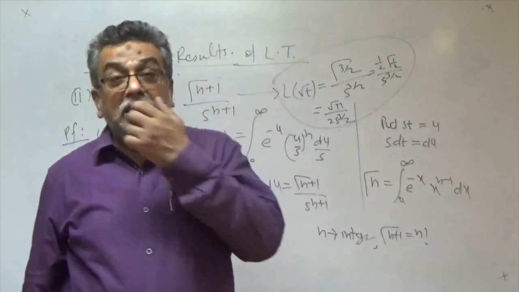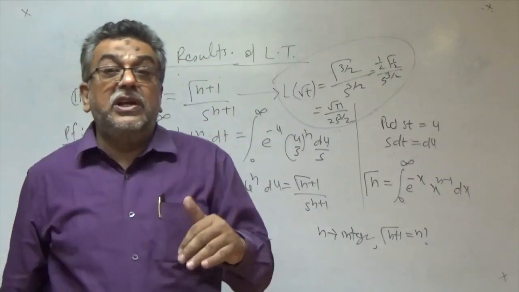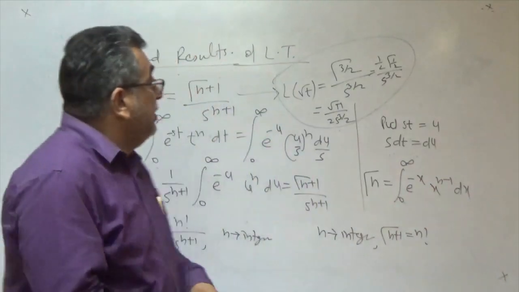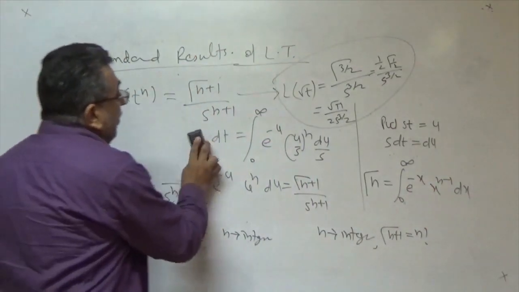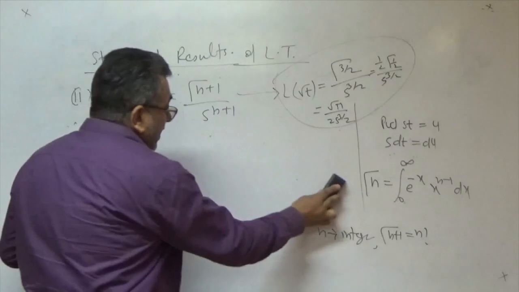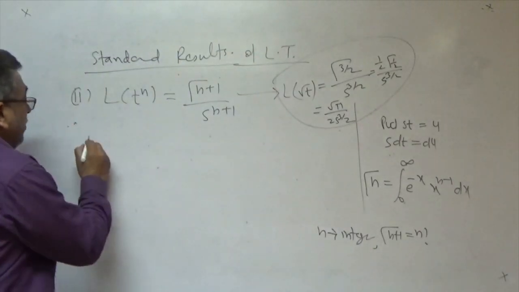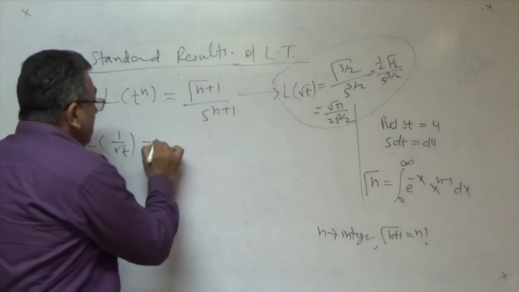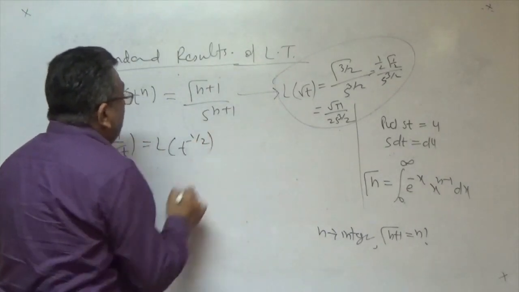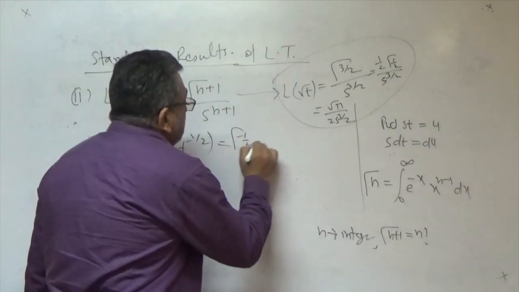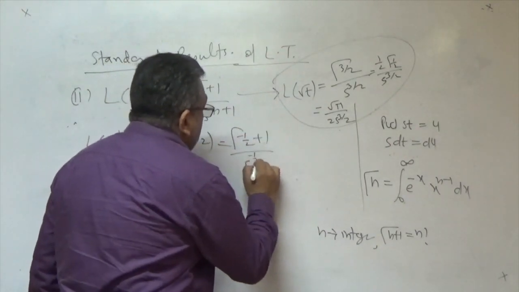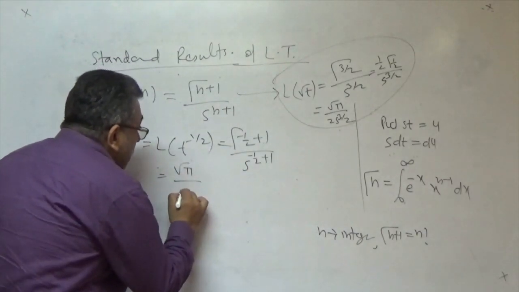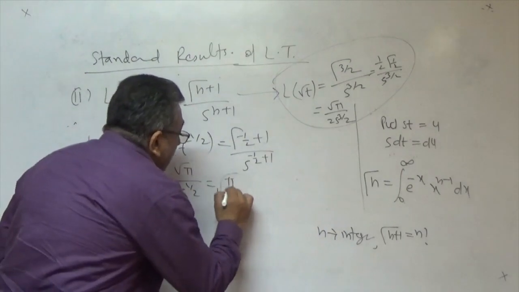Here the function 1 upon under root t is not continuous, but the Laplace transform exists. To find it, that is the Laplace transform of t to the power minus half, n is minus half, so minus half plus 1 upon s to power minus half plus 1, that is gamma half, which is under root pi, upon s to power half, that is under root pi by s.